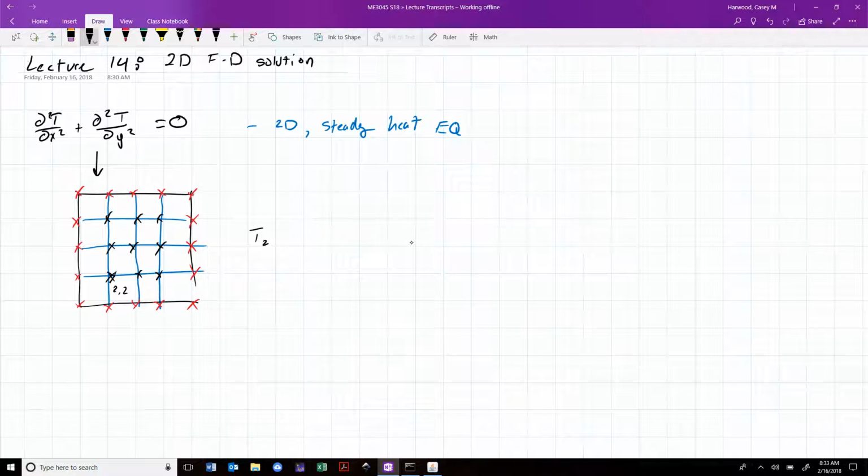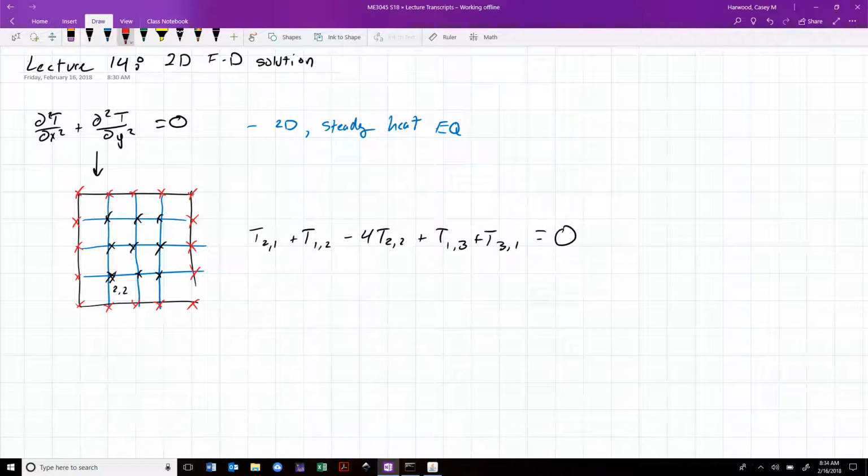So T(2,1) plus T(1,2) minus 4 T(2,2) plus T(1,3) plus T(3,1) is equal to 0.